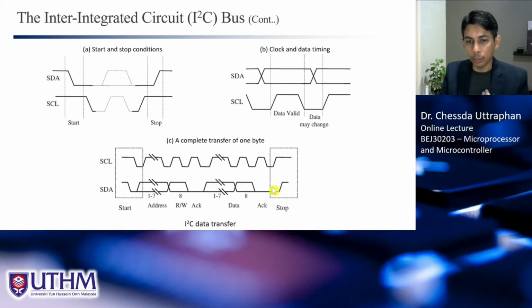So to stop the communication, you just stop the clock, meaning that the clock will go to high and the communication will stop, right? That is a brief explanation of how this I2C works. So we will see later on in detail, to understand how it works.